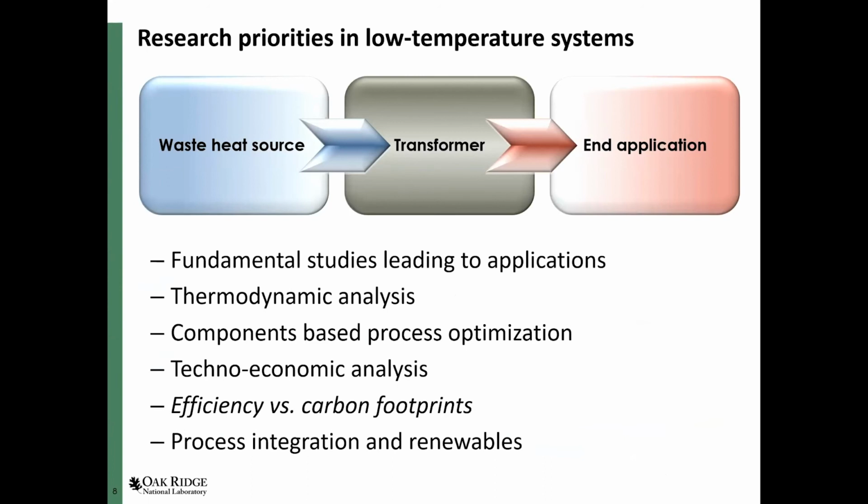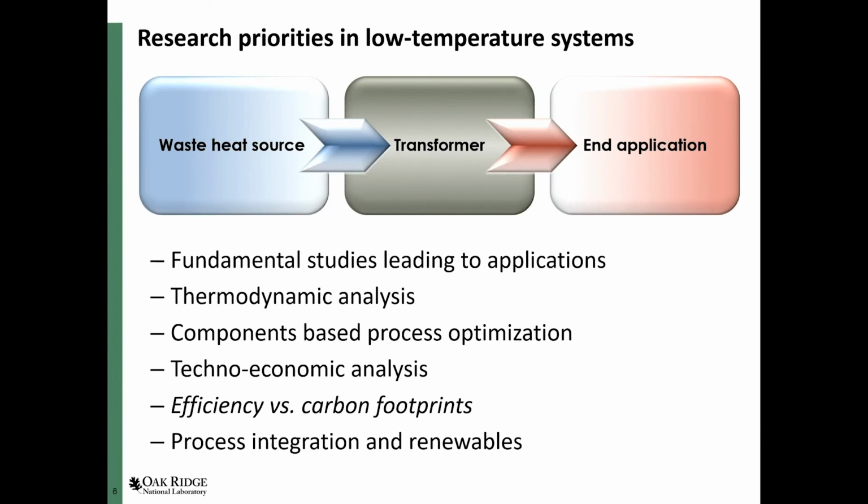Talking about some of the low temperature opportunities, the way I think about this problem is a very simple representation. There's a source, there's a transformer, and then there's an end application. So to make the overall process more efficient, we have to look at all three components: how we are recovering, how we are transforming, and how it's being used. Things like fundamental studies are important.